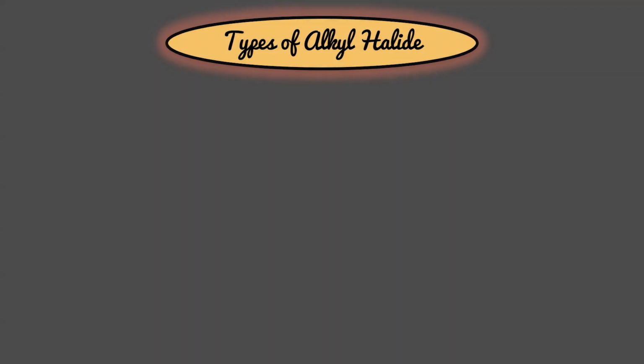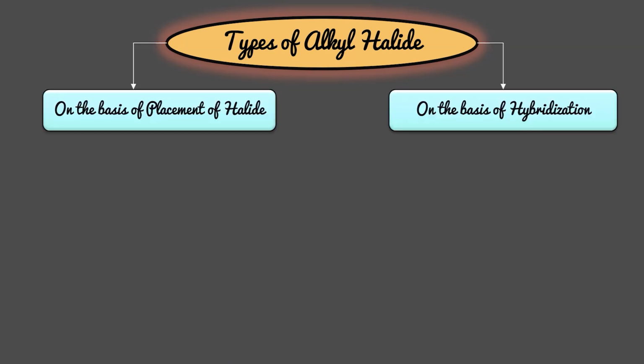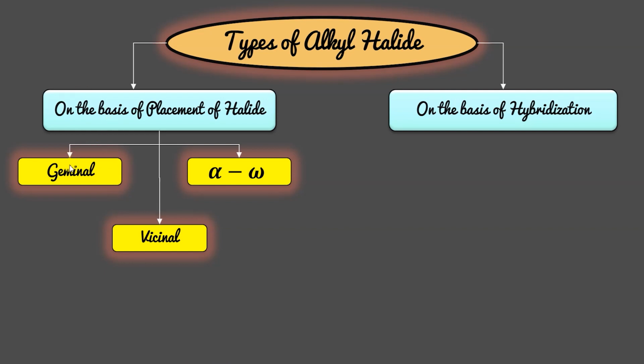The first thing we will do is the types of alkyl halide. What are the types of alkyl halide? If you consider the placement of halide, that means where the halogen is placed, in this case it is geminal, that means at the same carbon 2 halogens will be there. It is also called gem dihalide.